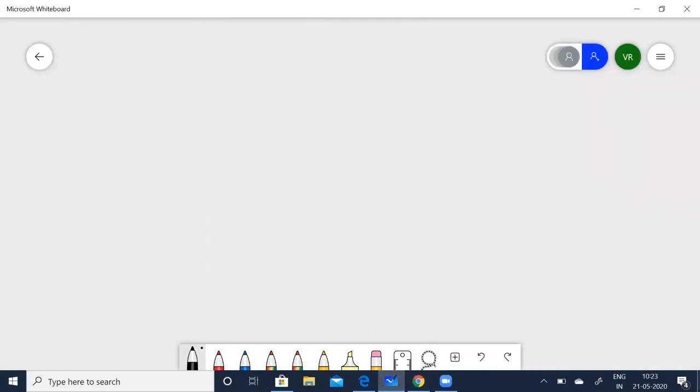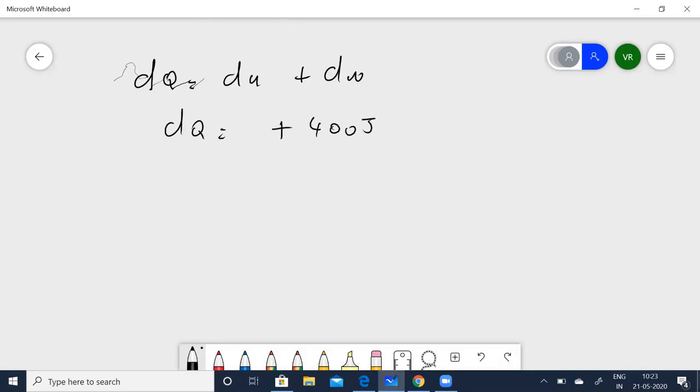Now, you all know dQ is equal to dU plus dW. Given dQ is equal to plus 400 joules. Remember, children, you'll always have to note the symbol, because heat is absorbed here, and dW is equal to minus 100 joules.